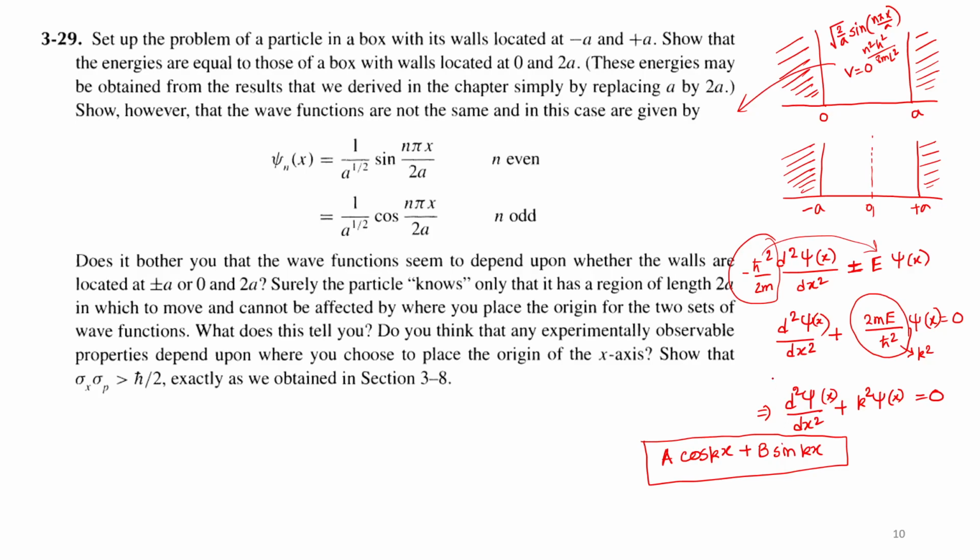So we do the same thing as earlier: ψ at minus a equals ψ of a, which equals 0 at the boundary.